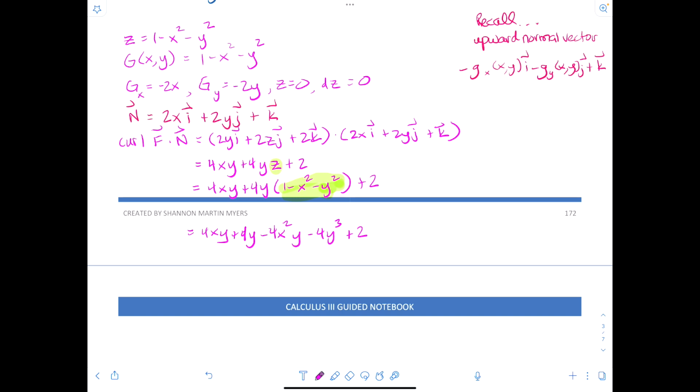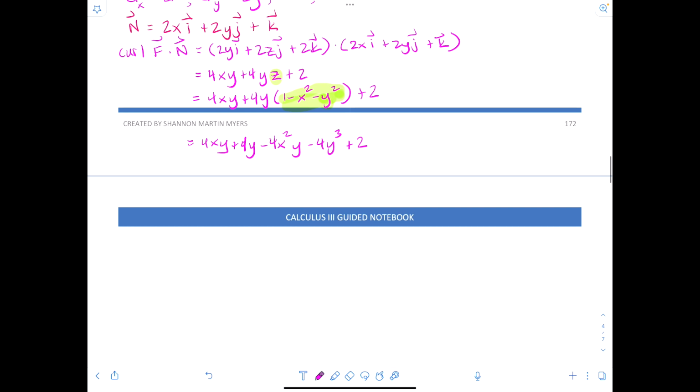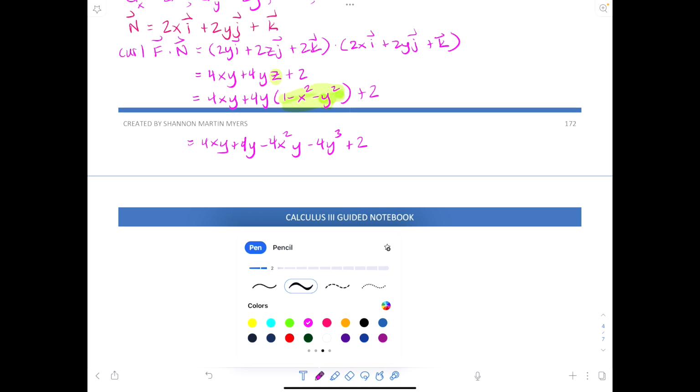Awesome. So now we just need to find the integral, or the surface integral, sorry. So here we go. We have all the prep done for it.